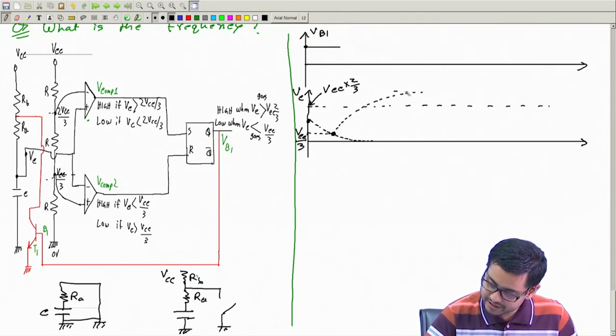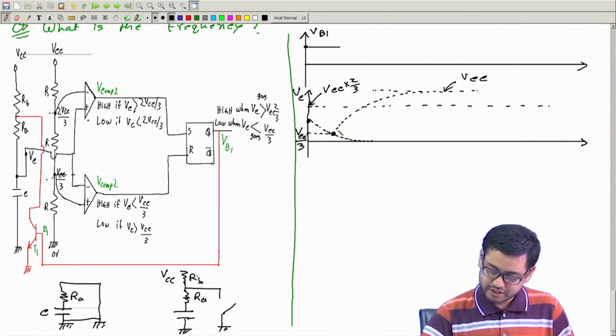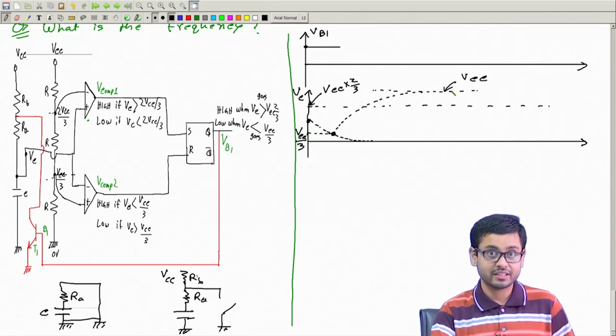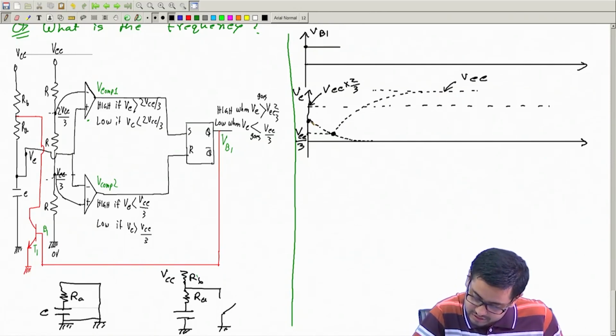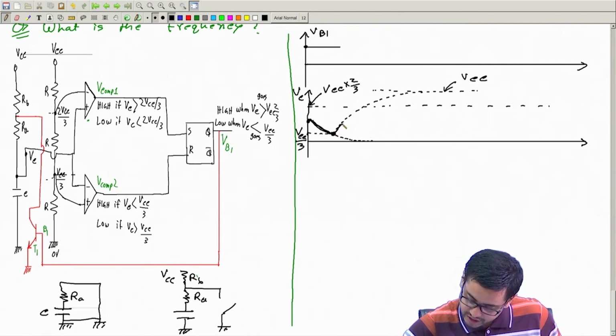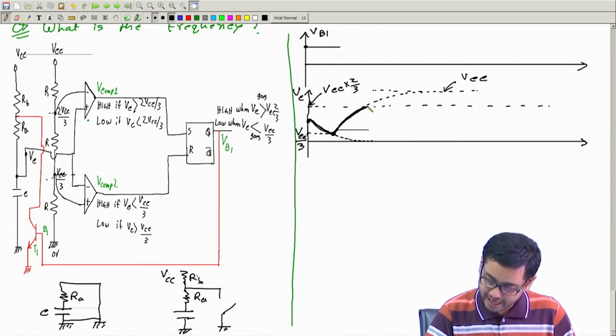Let this height be the same as VCC. So it is trying to go asymptotically towards VCC. But will it reach there? It won't, because it will come up to 2/3 VCC, and then once again the story will change at this point.